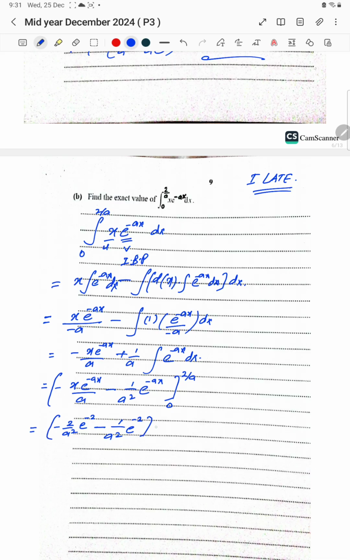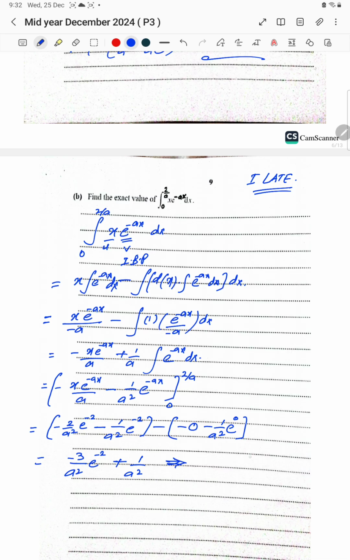This is upper limit minus lower limit. The 0 makes this term 0, minus 1 over a square e raised to power 0, that is 1. So I can write minus 3 over a square e raised to power minus 2, plus 1 over a square.